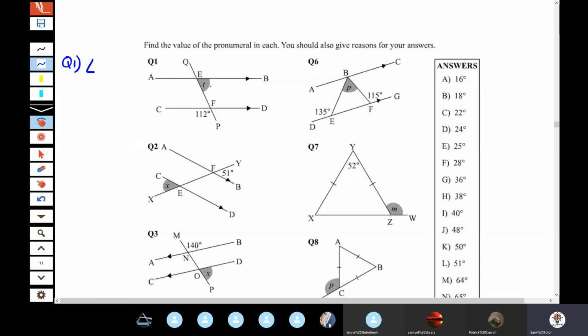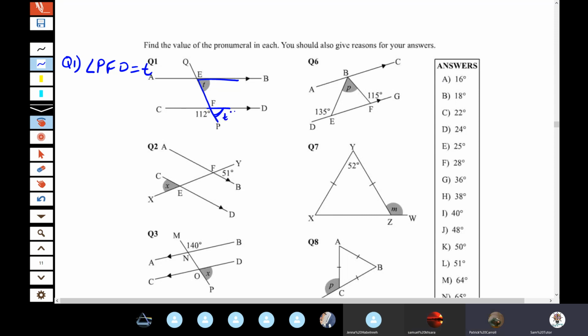So let's draw that out. You're saying this angle is T, is that correct? Yeah. So then angle PFD equals 180 minus 112. Yeah, you could do that. But didn't you say you're going to make it T? Yeah, that equals T. Doesn't matter.